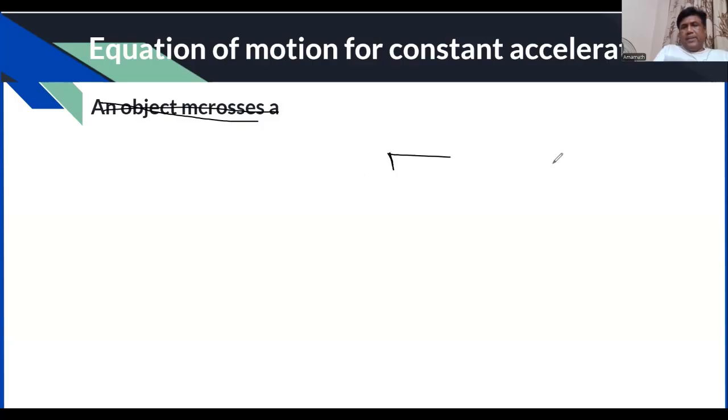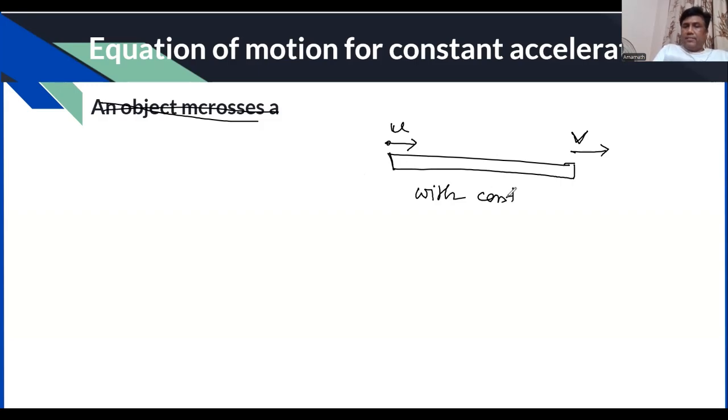Okay, this is a bridge. An object enters the bridge with velocity U and goes out of the bridge with velocity V with constant acceleration.